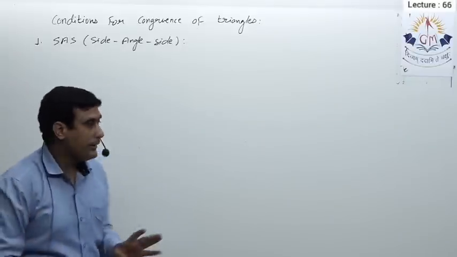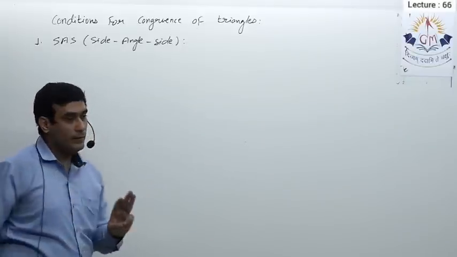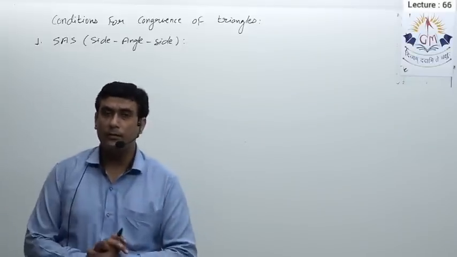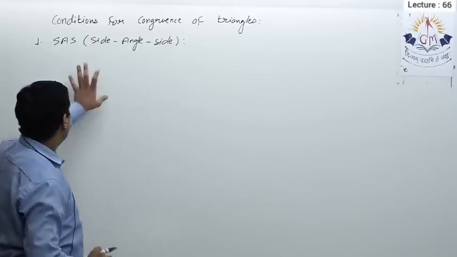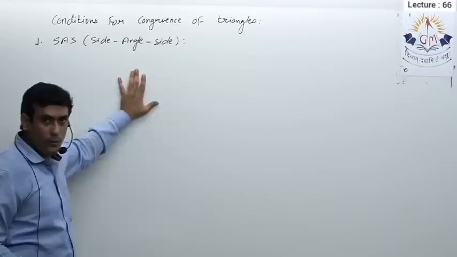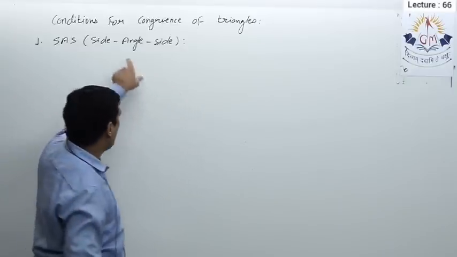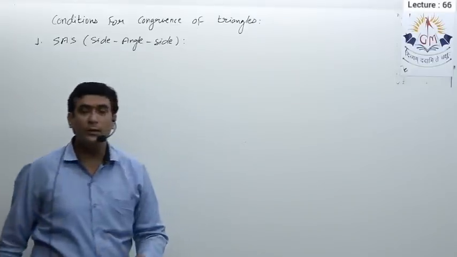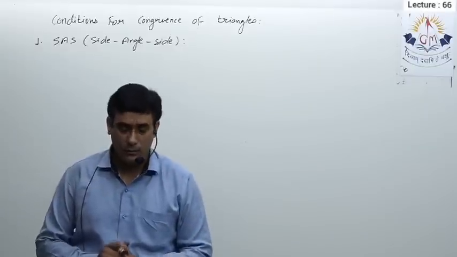So what this side angle side criterion says is that if we have two triangles such that two corresponding sides are equal, and the included angle is equal, then we'll say the triangles are congruent.